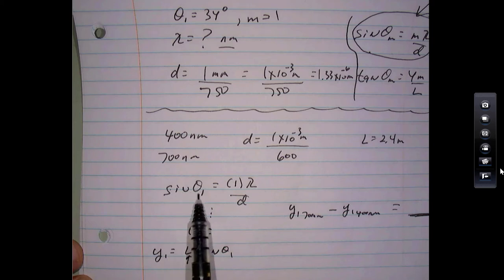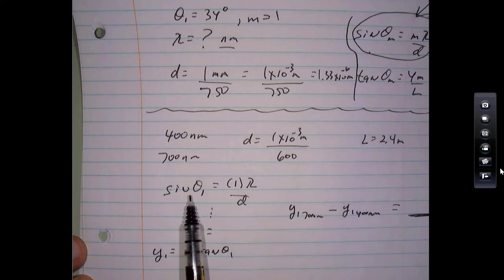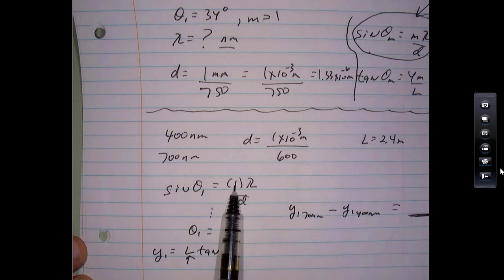Sine of theta 1 comes from this formula here: sine of theta m is m lambda divided by d. We're talking about the m equal to 1 fringe, so sine of theta 1 would be 1 times the wavelength divided by d. You can use this to get theta 1, and then once you have theta 1 you can figure out y1.